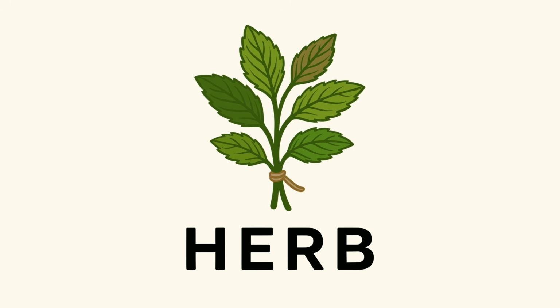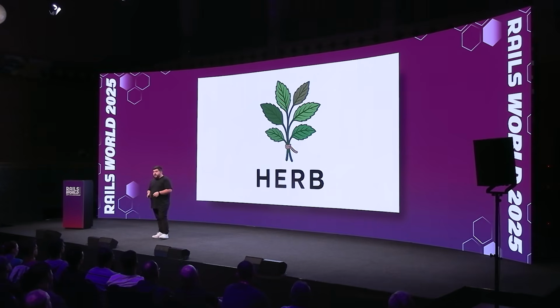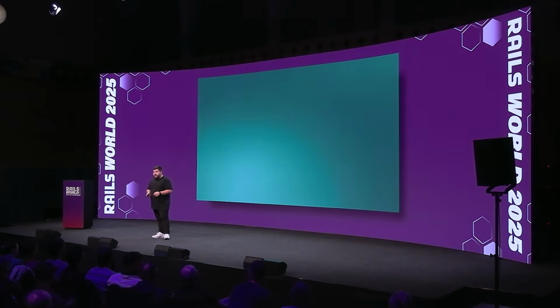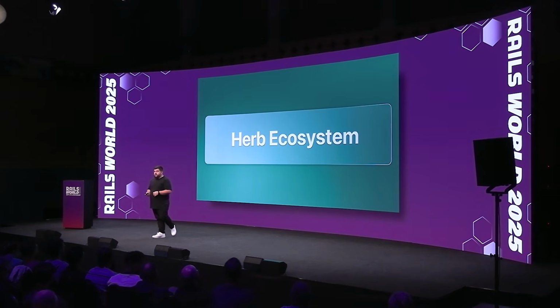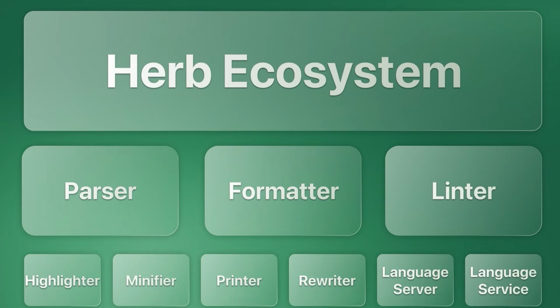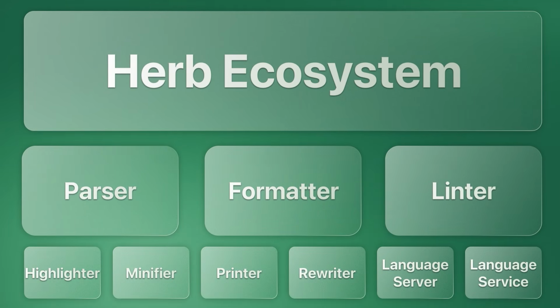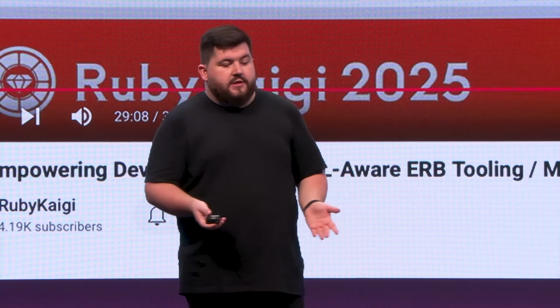Herb is an HTML-aware ERB parser and ecosystem specifically built for HTML and ERB files. It's an ecosystem of tools. It's mostly set out as a parser, linter, and formatter. And as we have been building this, we have been adding more and more tools to help support this vision. The most important piece is the parser, which I have been talking about in the talk itself.